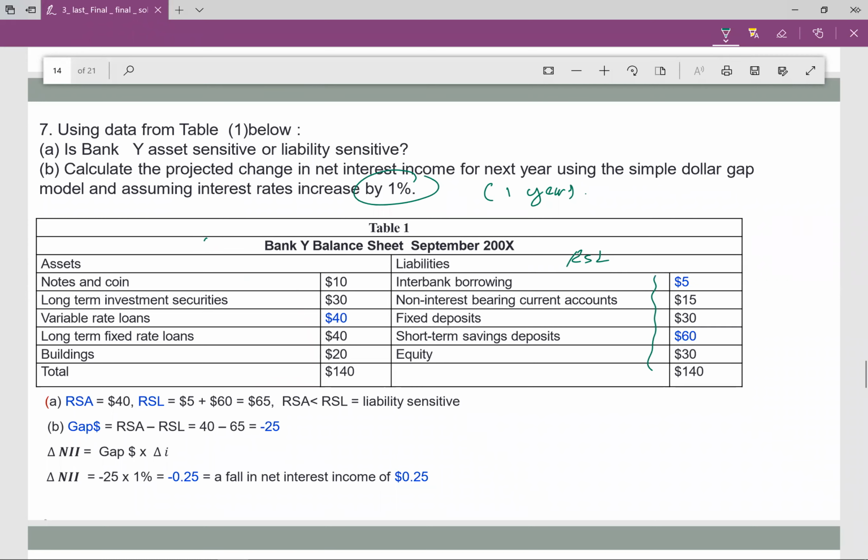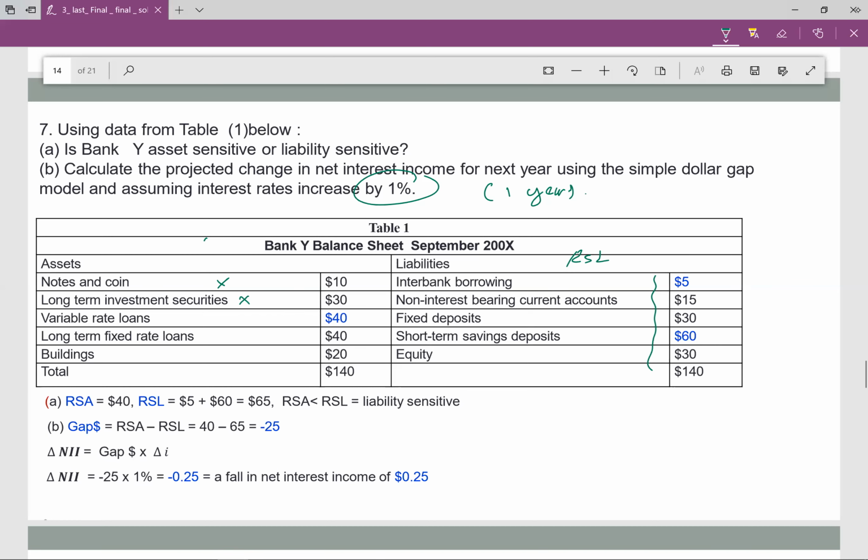Okay, so let me go now and work on this one. Notes and coin, it's not a loan. When we say risk-sensitive asset, it means I lent to someone else. Long-term investment securities, this will mature because the horizon here is 1 year. Long-term means it's more than 1 year. I don't want it.